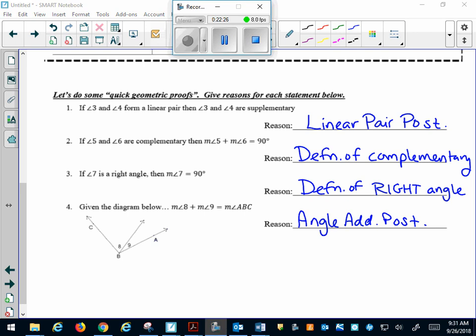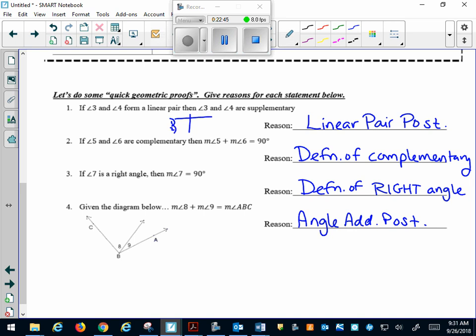Okay, so these were given in sort of if-then form. In a proof, it would be one step after the other. In a 2-column proof, step 1 would be 3 and 4 form a linear pair, and step 2 would be 3 and 4 supplementary.